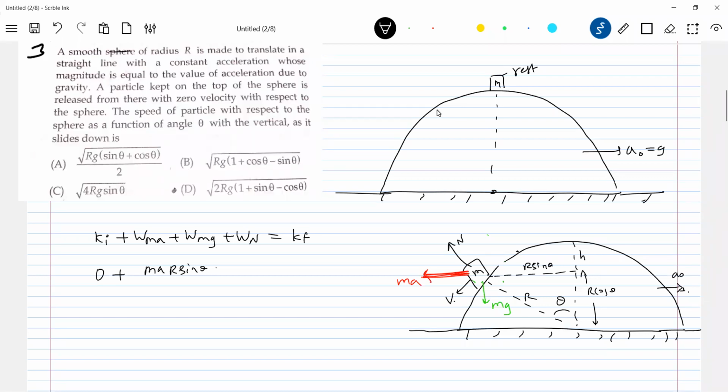Work done by gravity is mg times h. Work done by normal contact is 0. Final kinetic energy is mv squared by 2. So m a R sine theta plus mg h, where h should be r minus r cos theta. Solve this and you'll get the expression for v.